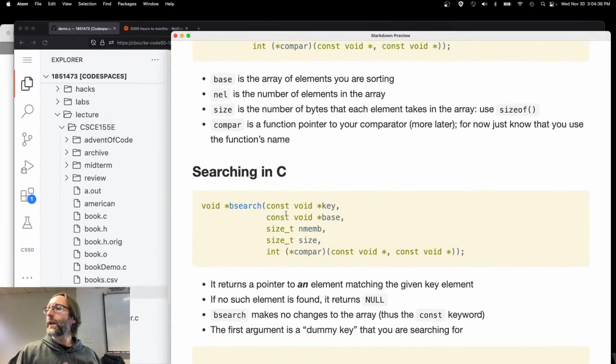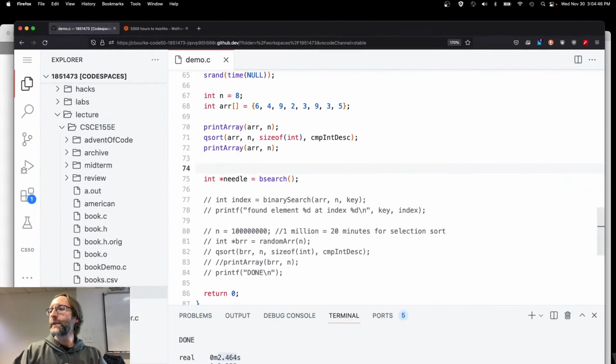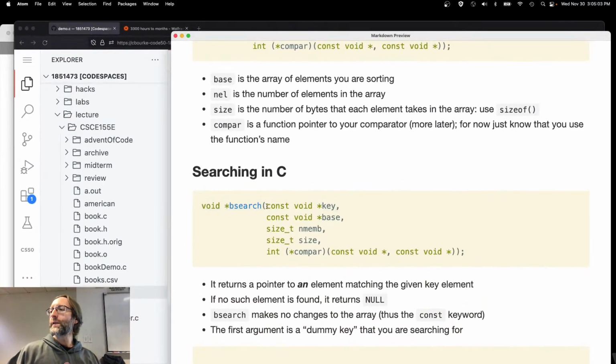The arguments that we give it are going to match exactly the same 4 arguments here, except for the first one. The first one needs to be a key of what we're searching for. So in this case, int key is equal to, let's go ahead and search for 42. 42 will be an unsuccessful search here because it's not in there. And I'm going to pass in a pointer to it. Why did I put that ampersand in front of the key? What does bsearch require or expect?